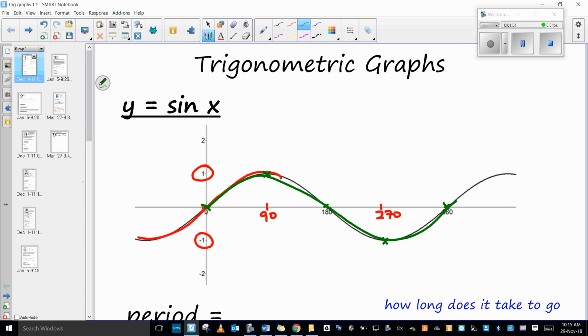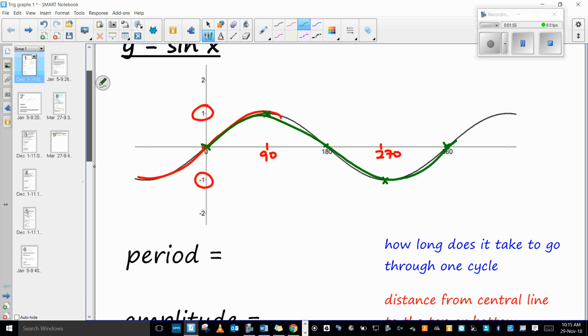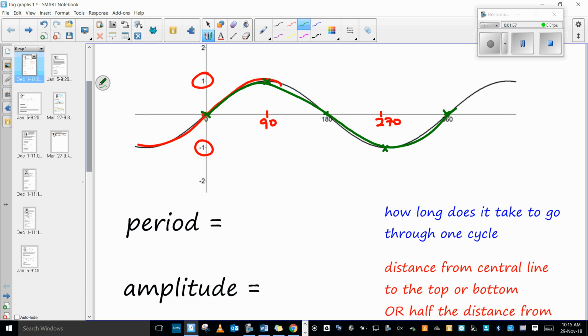Okay? Good? Terminology: a period. That means how long does it take, or how many degrees does it take to go through one cycle. Hopefully you can all see if it starts here, it would finish here, so that would be 360 degrees.